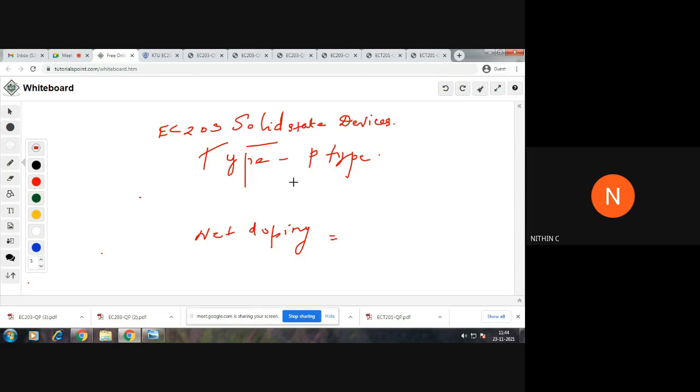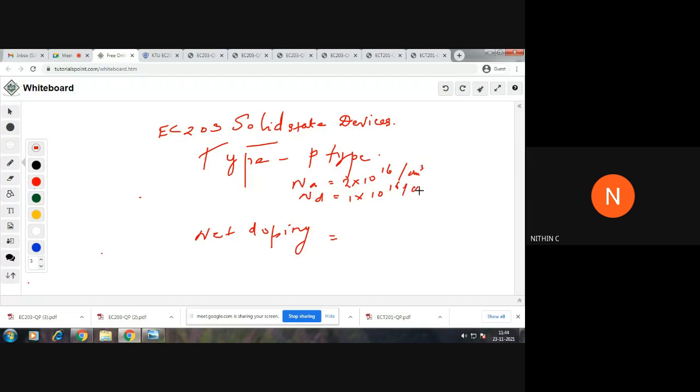Na you have, Nd also you are having. Na is acceptor. Acceptor means holes. Na value is 2 into 10 raised to 16. At the same time, Nd value you are having as 1 into 10 raised to 16 per centimeter cube.